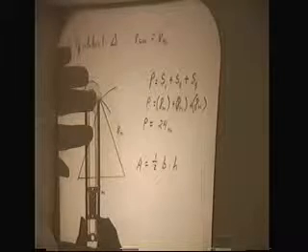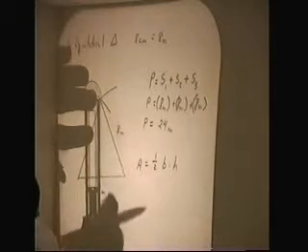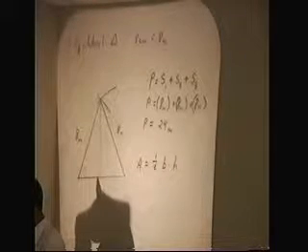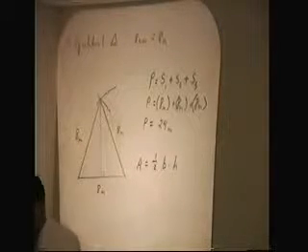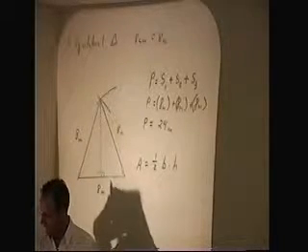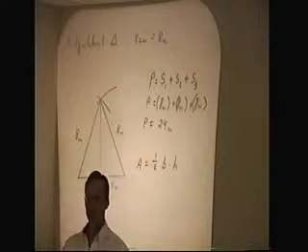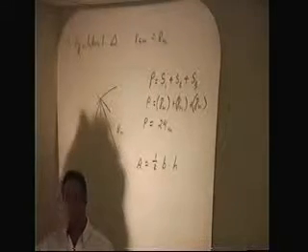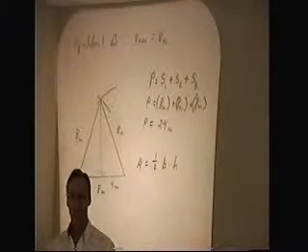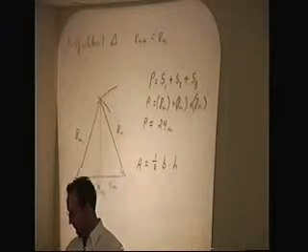And your height is going to run right to the middle from the vertex, and it's going to be at right angles, of course. Definition of height. And you happen to know that this side is 4 meters. That means that if you wanted to, you could use Pythagorean Theorem to find the missing side. You have a right triangle, you're missing a leg, you can use Pythagorean Theorem.